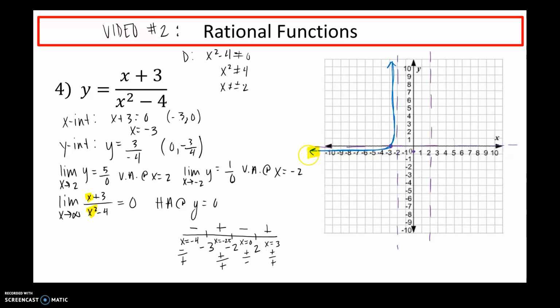So as x gets infinitely smaller, the graph is getting closer and closer to 0. So the fact that we have a point where I'm going to cross over that line, that's okay. It's just the end behavior. As the x values get smaller and smaller, my y values will hug that line y equal to 0. All right.